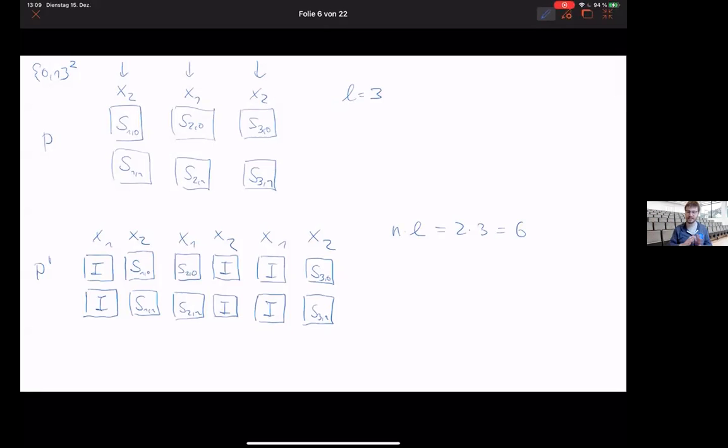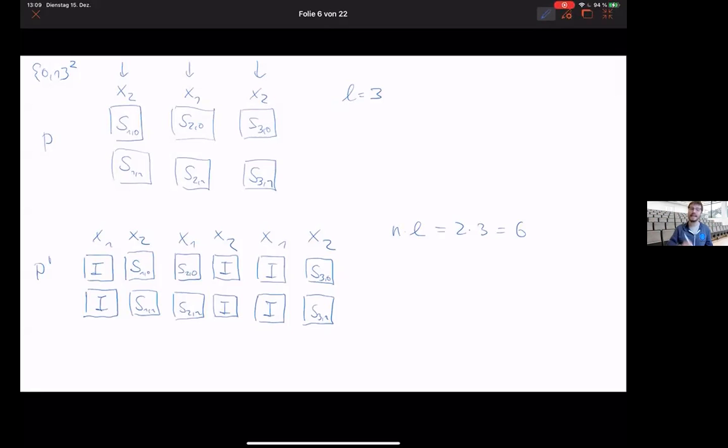Now this one has a very simple access pattern: x1, x2, x1, x2, x1, x2. This is a simple transformation, and I can always achieve this in this way.